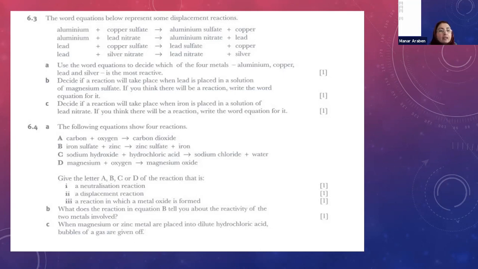Great. B, decide if the reaction will take place when lead is placed in a solution of magnesium sulfate. If you think there will be a reaction, write the word equation for it. No, miss, the answer would be no reaction.